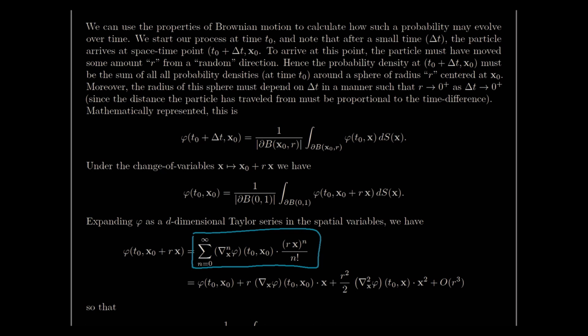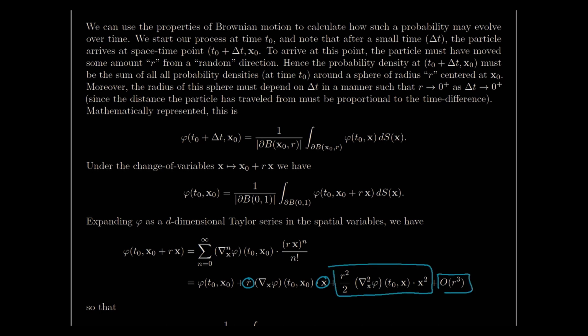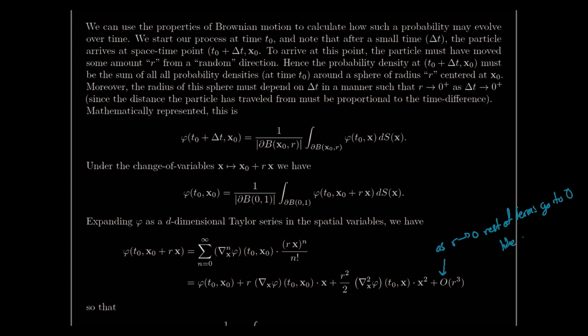But in fact, if we expand this definition, we see, okay, it's equal to phi at the center, and then the first derivative of phi at the center times x times r, and then the second derivative times x squared times r squared over 2, and so on and so on. This big O notation just means that as r goes to 0, the rest of the terms go to 0 like r cubed.